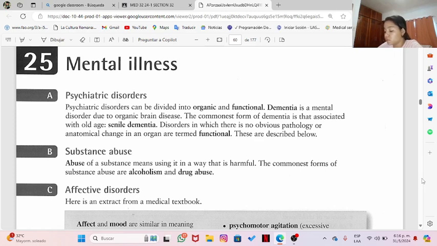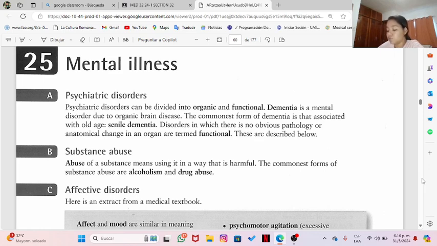The commonest form of dementia is that associated with old age, senile dementia. Disorders in which there is no obvious pathology or anatomical change in an organ are termed functional. These are described below.